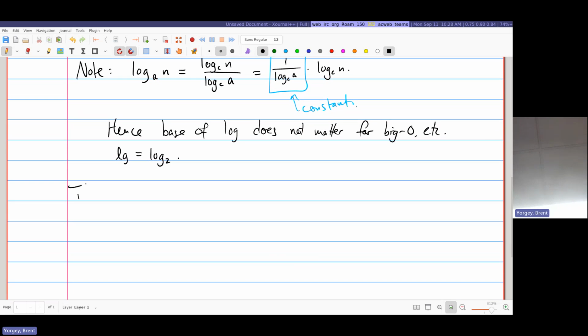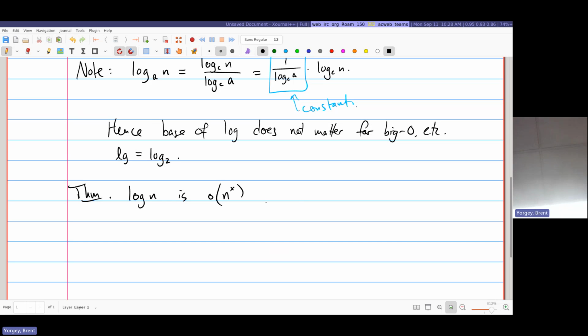Okay, so now I can say what the theorem is. Log n is little o of n to the x. Remember, little o means it grows strictly slower than. So as n gets big, log n is going to grow more slowly than n to the x. But then the question is, for what values of x is this true?